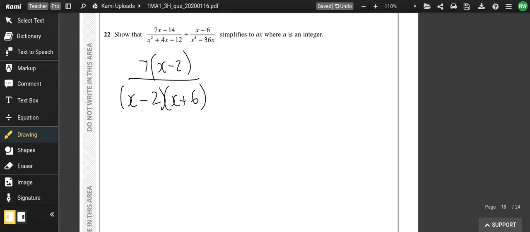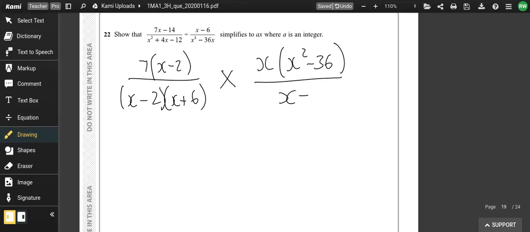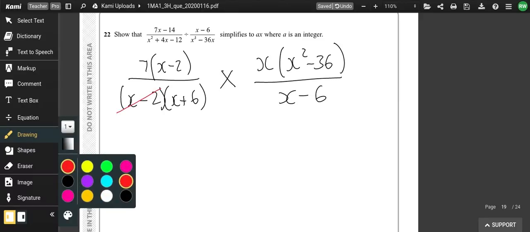So you can see some of these cancel, and we're going to times and flip the second one. So we'll take x out as a factor, x squared minus 36 over x minus 6. So we can cancel straight away this and this.